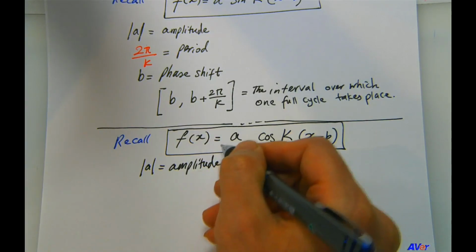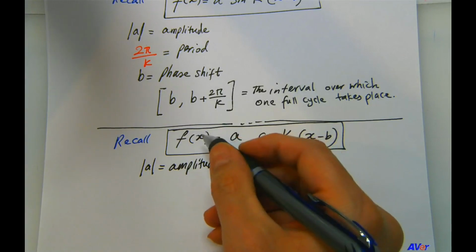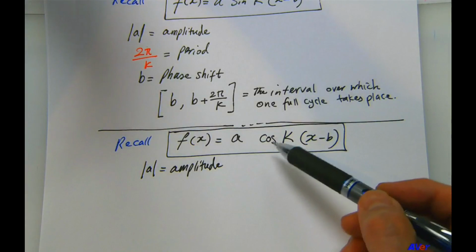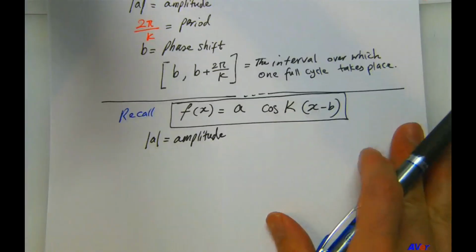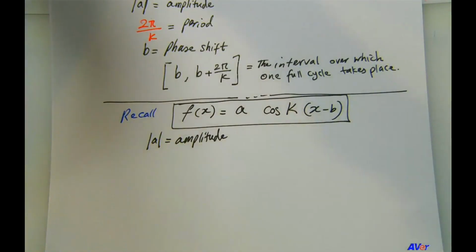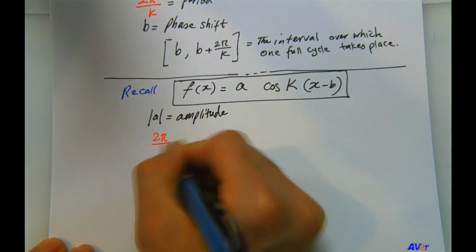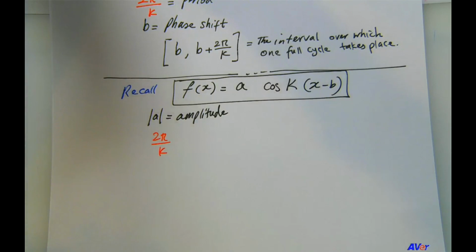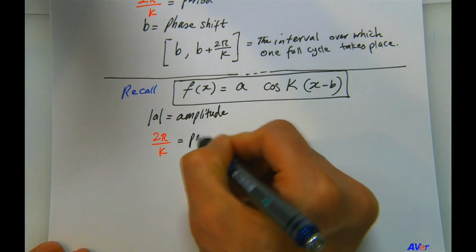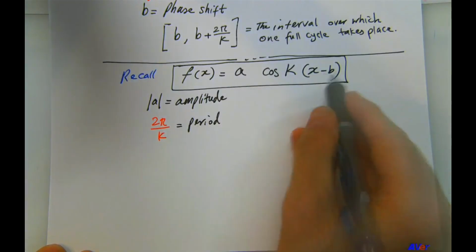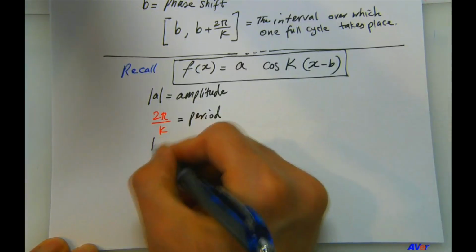That's the distance along the y-axis vertically where this function is going to fluctuate. Once again, the period for the cosine function would be 2 pi over k. The b, once again, is the phase shift.